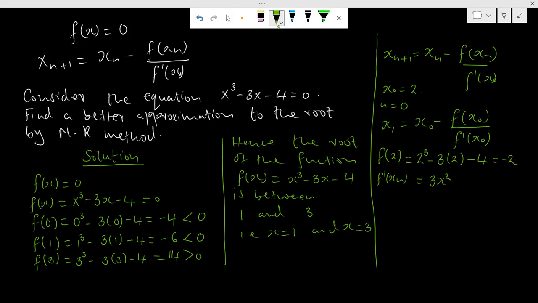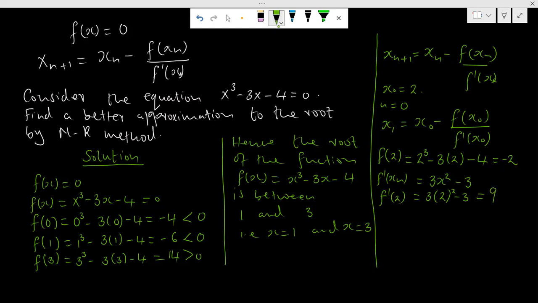If you evaluate f prime at 2, we have 3 times 2 squared minus 3, which is equal to 9.